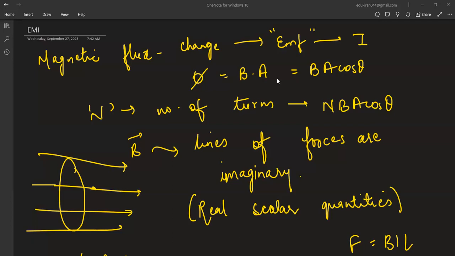Till the time, why? Because when there is a change in magnetic flux, only then will there be an EMF induced, and only then will there be a current in the circuit, right? So if there is no relative motion between the magnet and the coil, magnetic flux won't change. So all these are linked to each other.